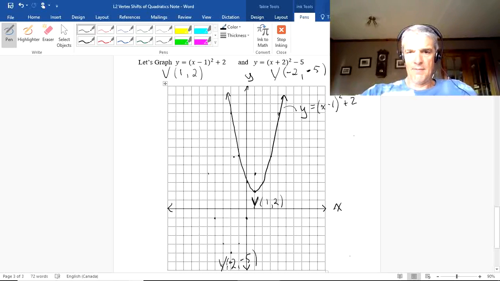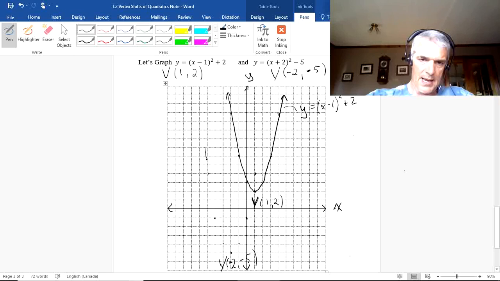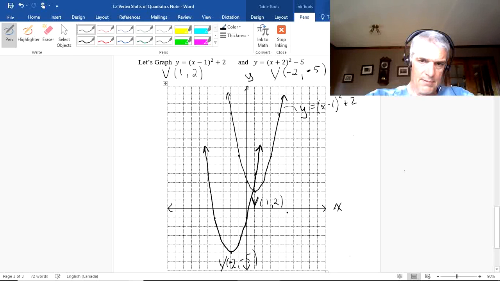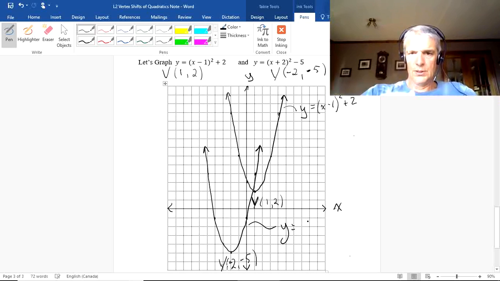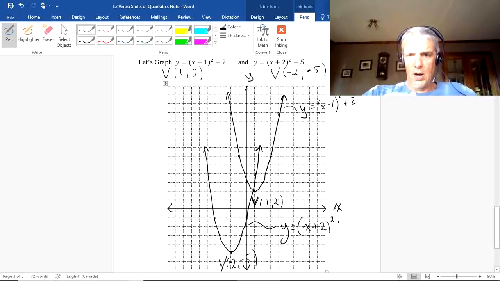And now I have my points and I can draw my parabola. I'm going to draw it right down to here, come back up, and put my arrows on. And now I can label this graph with y equals (x plus 2) squared minus 5.